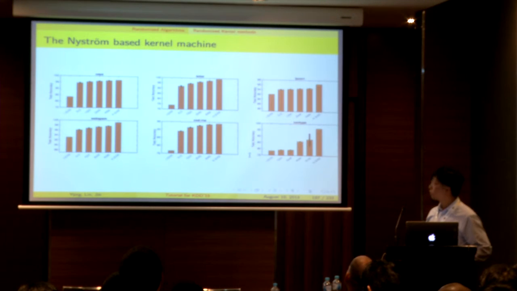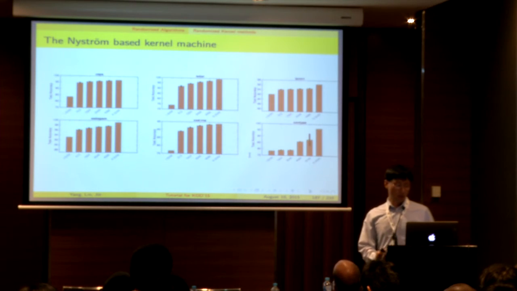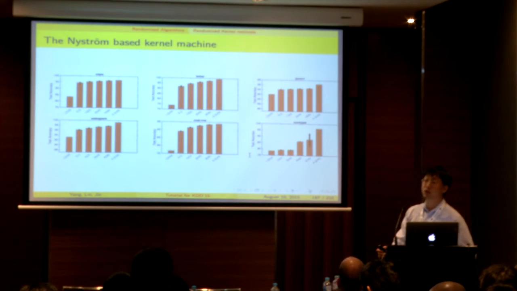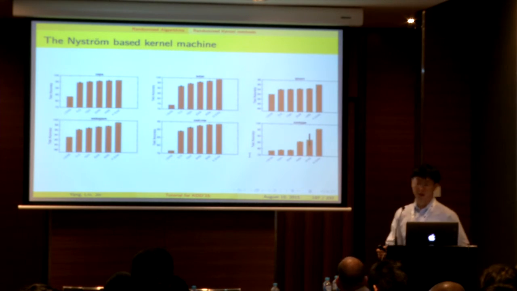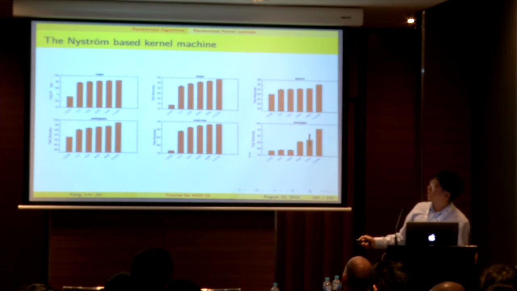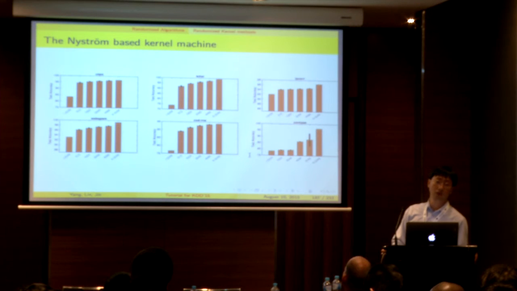And here I want to talk a little about the performance. Training time is reduced dramatically, which I didn't show here. This just shows the testing accuracy. The first bar is a linear machine. The last bar is the accuracy of the kernel machine.